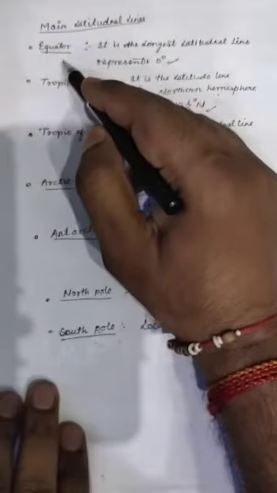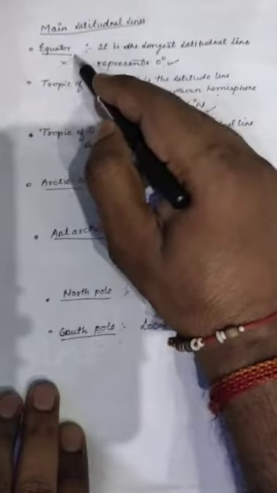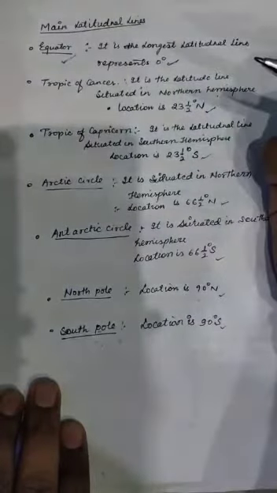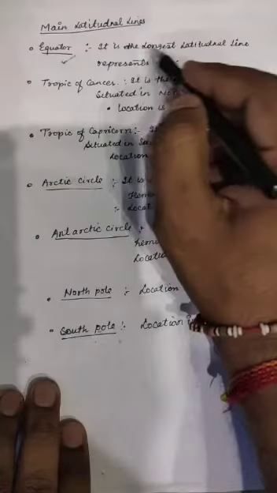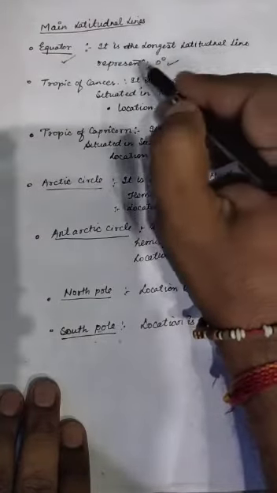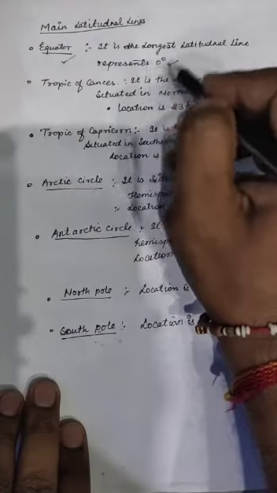First main latitudinal line is the equator. It is the longest latitudinal line and represents 0 degree.